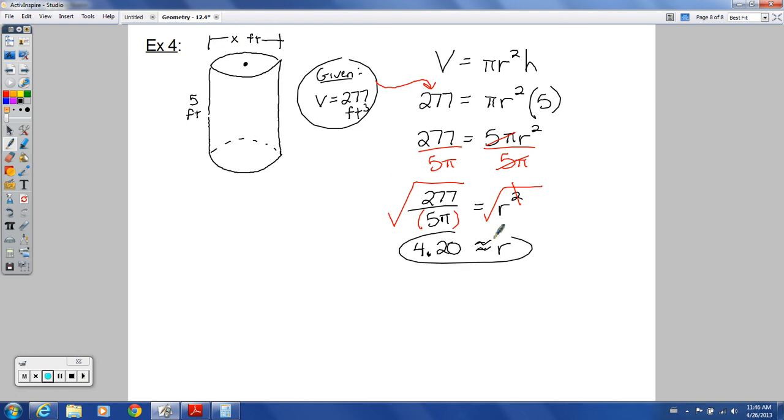So we're going to take this value and say that the diameter is approximately 4.2 times 2, and this is equal to x. The diameter is what x is. So we have 8.4 is approximately what x is. This is 8.4 feet.